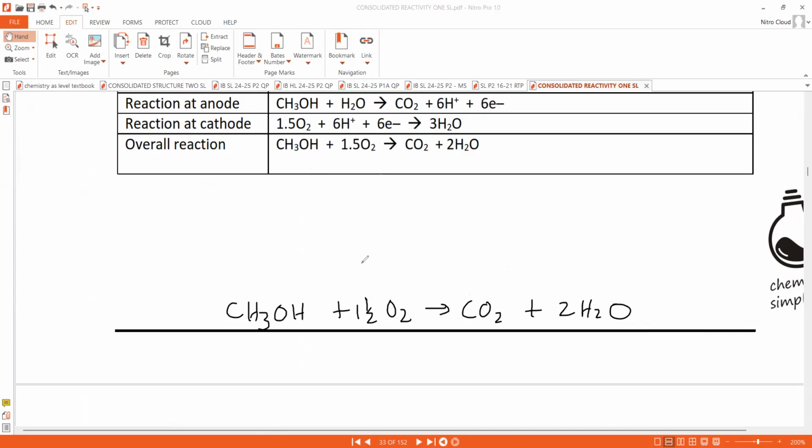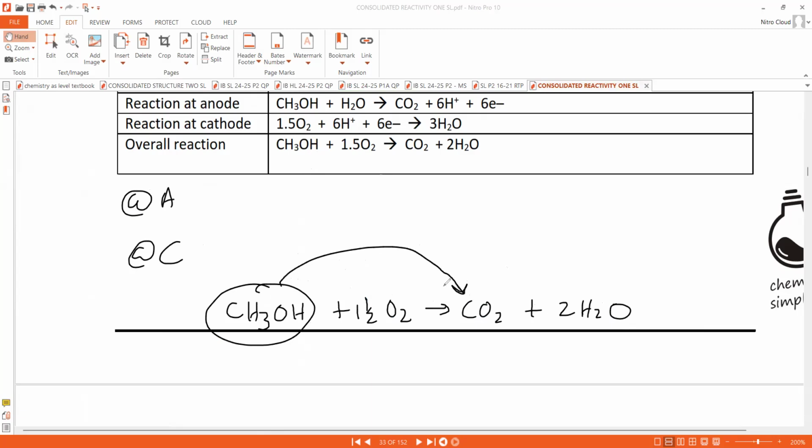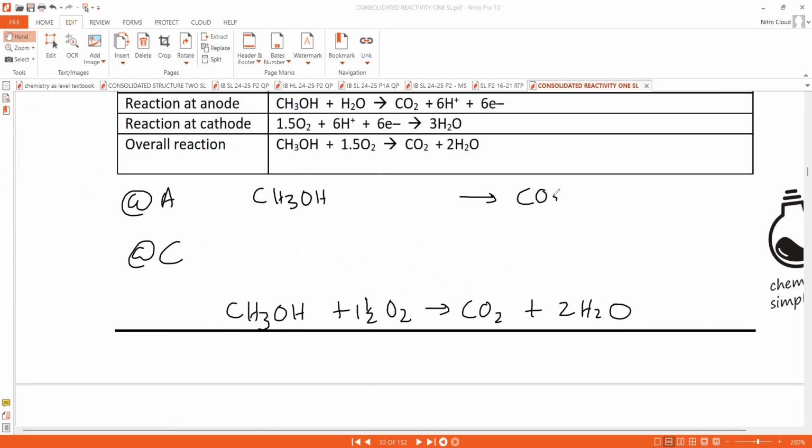Now, how do I write the individual reactions at the cathode and anode? At the anode, oxidation takes place, and methanol is getting burned, oxidized to form carbon dioxide. So in the half equation, I'll only take this and this: at the anode, methanol becoming carbon dioxide.